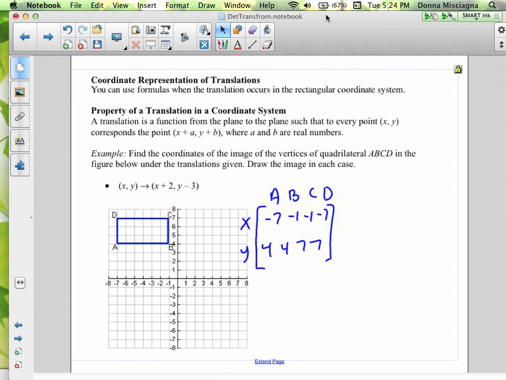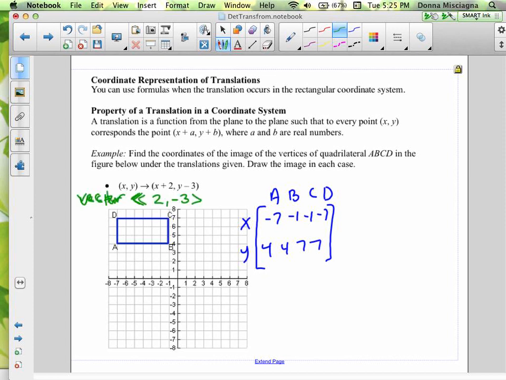in vector notation. Right, so in vector notation, it would be 2, negative 3.